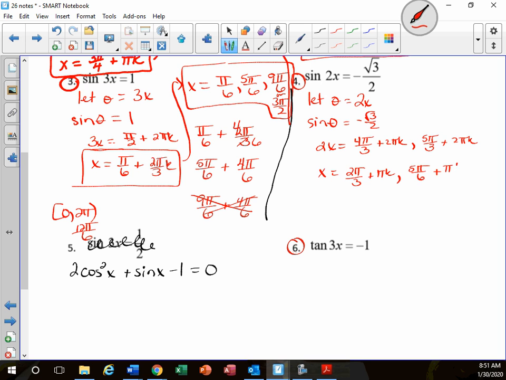All right, guys, number 4, check your all solutions answer first. Because if you mess that one up, you're going to mess up the other one. Did you leave it as 4 pi over 6 instead of changing it to 2 pi over 3?